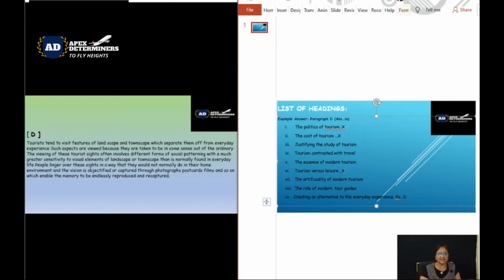Otherwise, we go to the last sentence. There is a 95% chance that you will get the subject in the first sentence or the conclusion will refer to it. The other 5% is sometimes in the middle, that means after the introduction and before the last sentence, where you will get the information to help you match the headings.